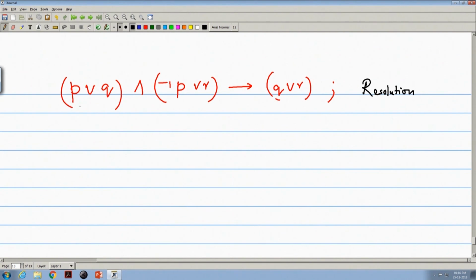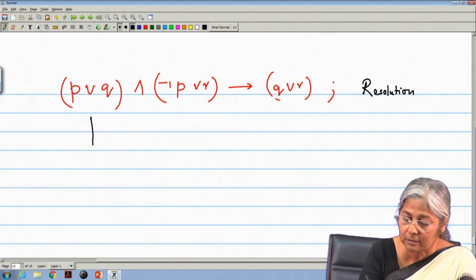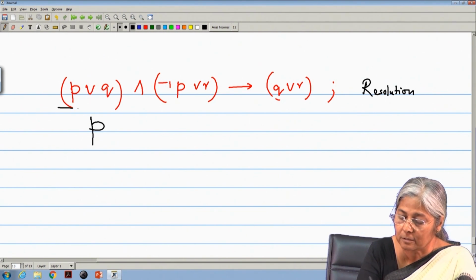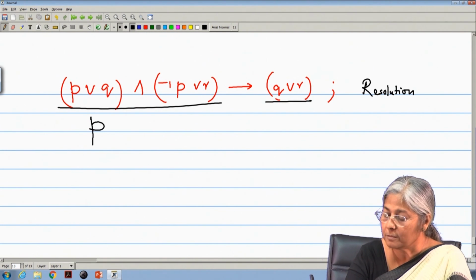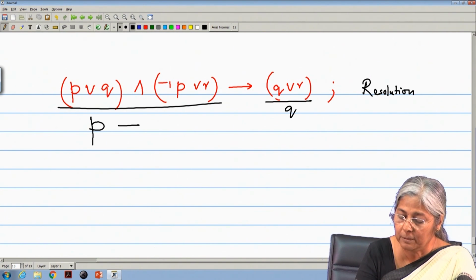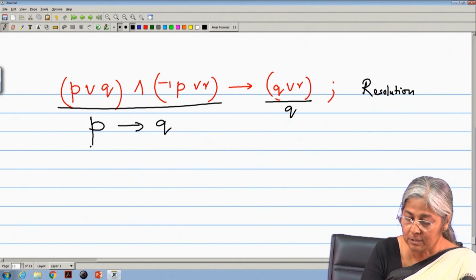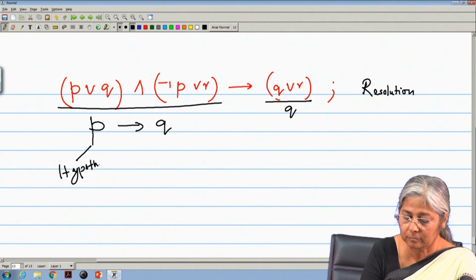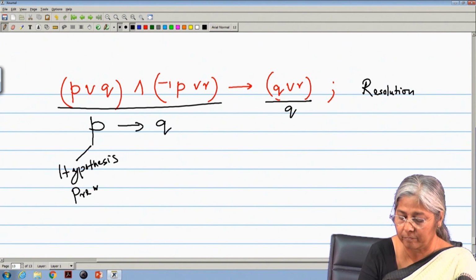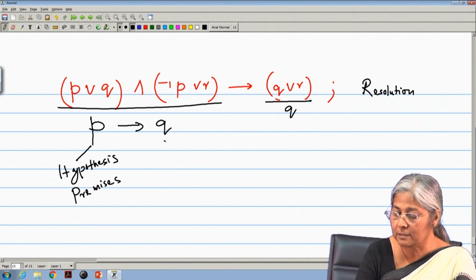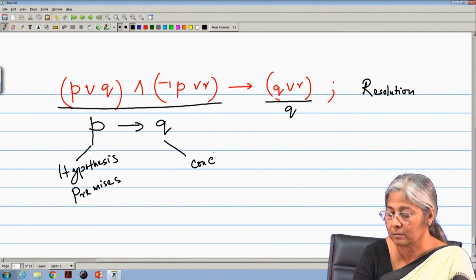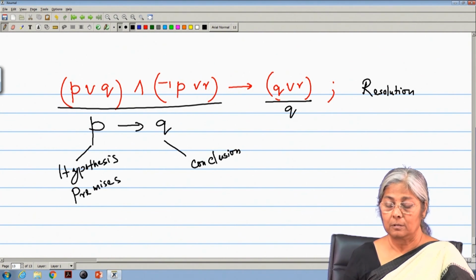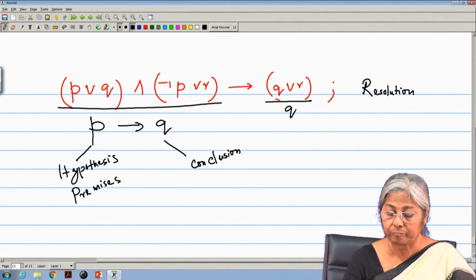So, here if I think that this is small p, this is my q, then p implies q. So, this is my hypothesis, or we can say premises, and this is the conclusion.